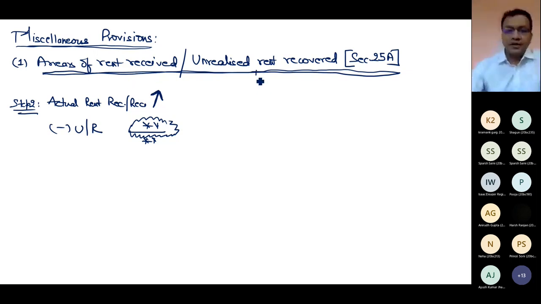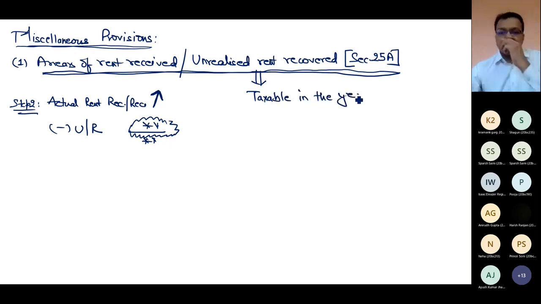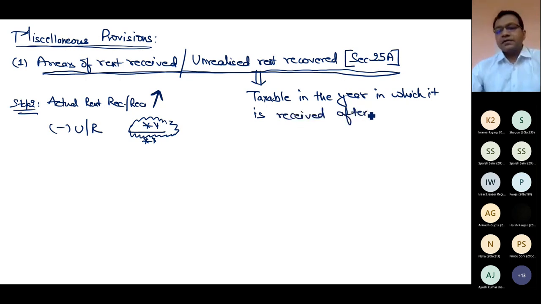Whenever any arrear of rent is received or unrealized rent is recovered, that is taxable in the year in which it is received, after giving 30% deduction.